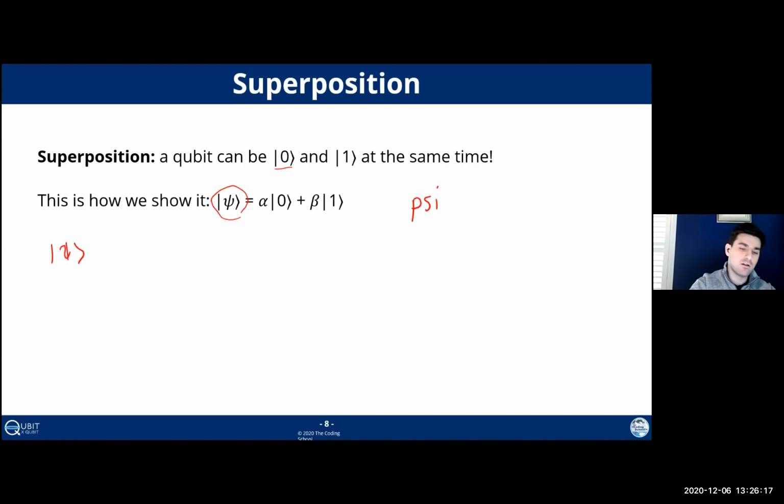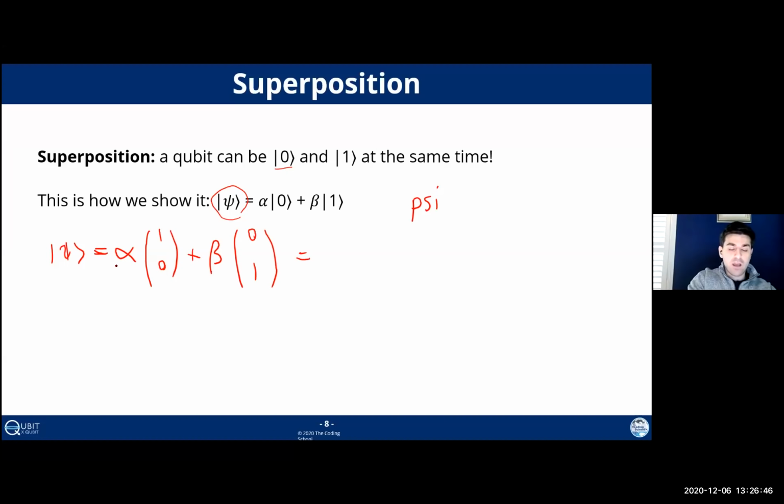column vector? Okay, so let's see. In this case, psi is equal to alpha times the state zero, which I can write as the vector 1, 0, plus beta times the state 1, which I can write as the vector 0, 1.